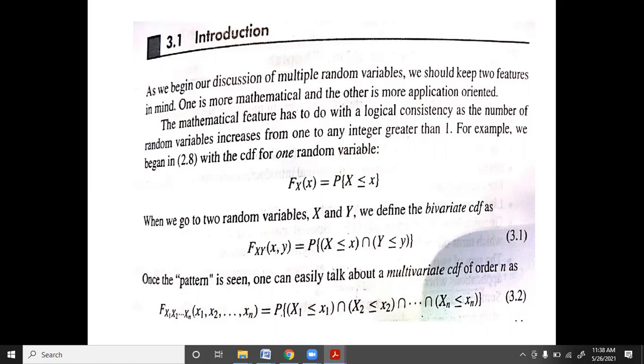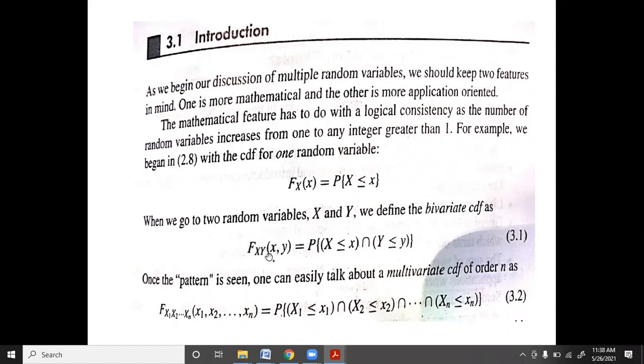So extending this for two random variables, we can say that we have here F(x, y), and now we will have both X less than or equal to x and Y less than or equal to y, and that will give us the intersection between these two. So both X less than or equal to x and Y less than or equal to y should occur in the probability distribution function.